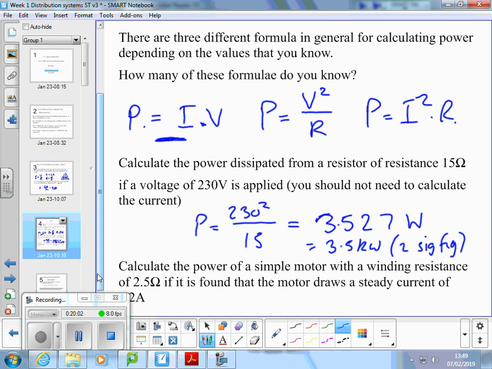So if your meter will only measure to that number of digits, you can't then go and quote 4, 5, 6, 7 digits from your calculator in the answer, because you're quoting more resolution than you've actually done your measurements to. So you should bear in mind how many significant figures you've got in your data and include no more than that in your answer.